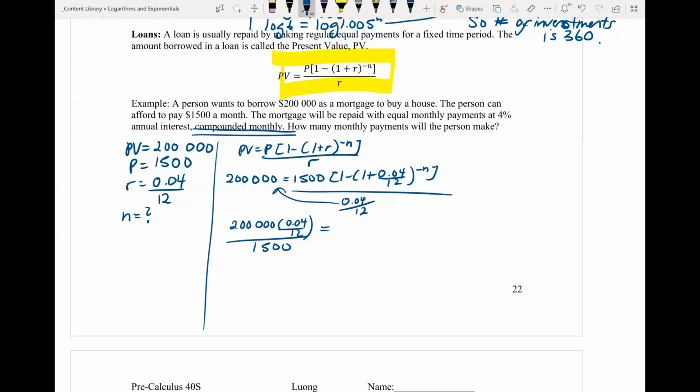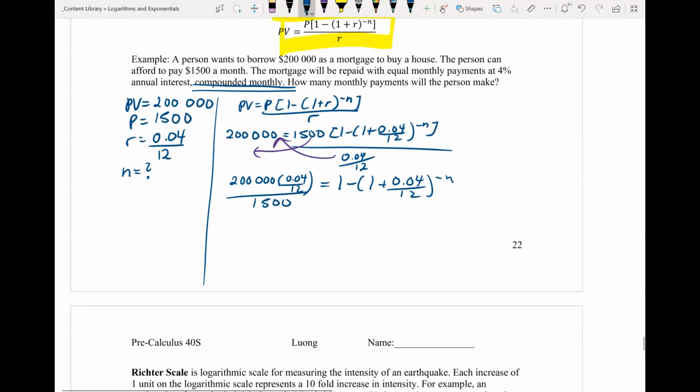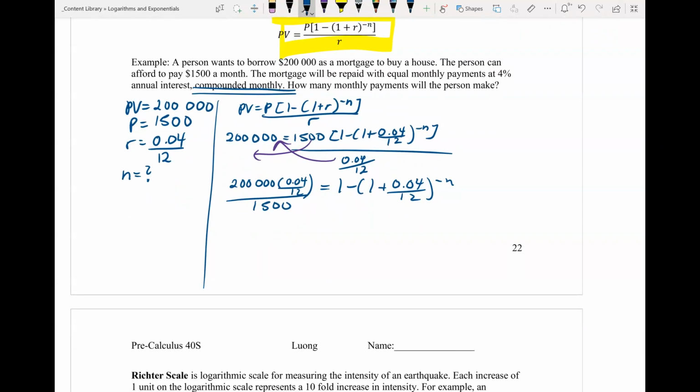So again, this is going to go over here through multiplication, and this is going to go over here by division. And then I'm going to have this left over on our right hand side. You can put this into your calculator to figure out what this number is. It's going to be equivalent to 4 over 9. I'm still not going to touch our right hand side.